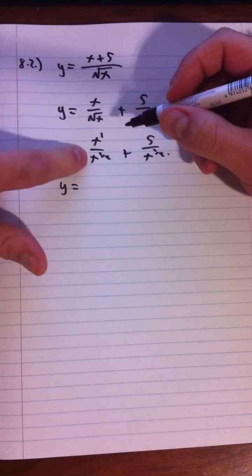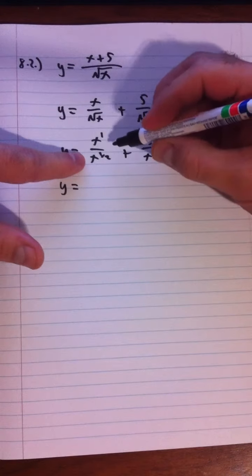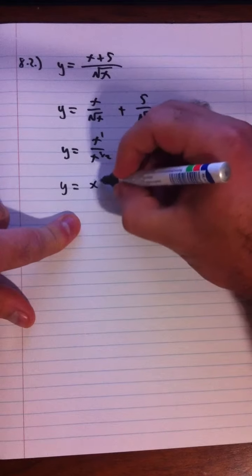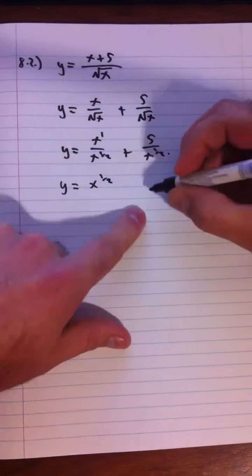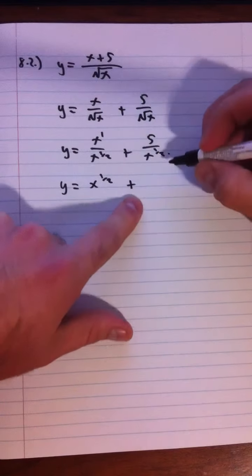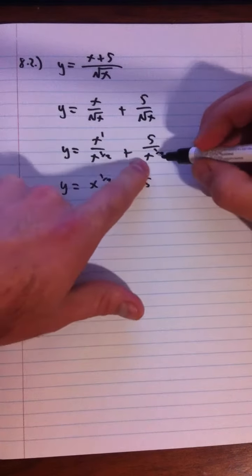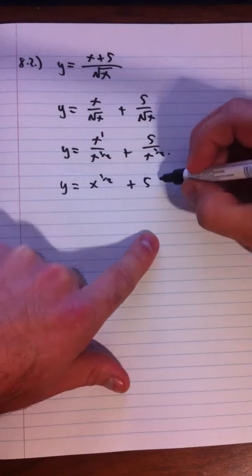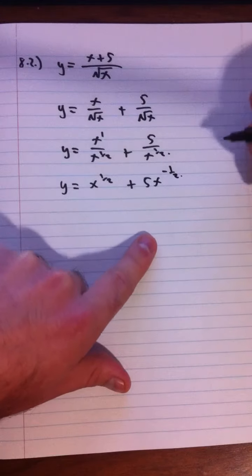When you're dividing like terms you can subtract the exponents. 1 minus a half is a half. So we're just left with x to the power half in the first term plus 5, and to get this to the top we just make the exponent negative. So 5x to the power negative a half.